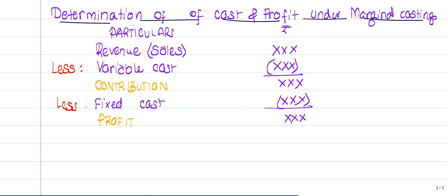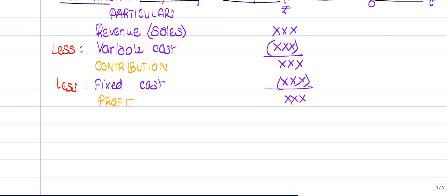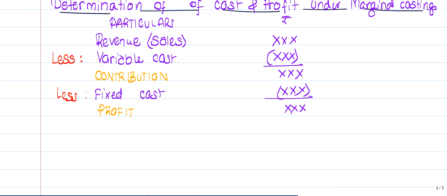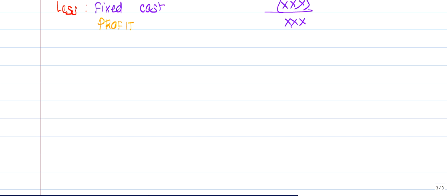There is one bigger format. This is an easy and simpler format. I will give that format also. This is not different, it is an expansion of the above format only. You will write revenue, and the amounts go in the inner column and the outer column.